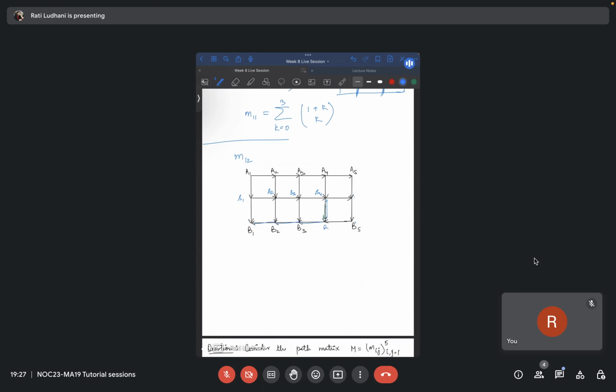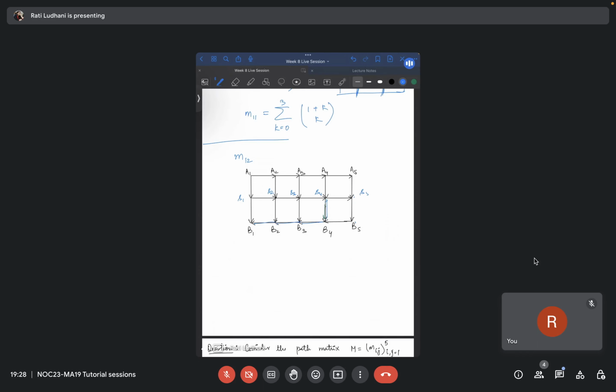Okay, so you have B4 and you have S5. Now you need to calculate paths from A1 to B2. So again, we'll look at the pattern.